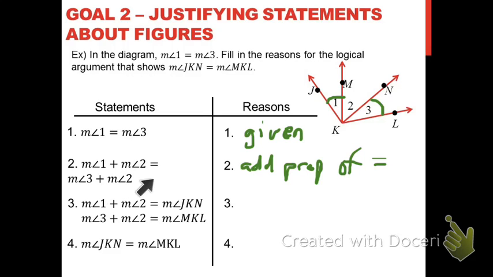That wasn't random. If you look in the picture, if you put angles 1 and 2 together, they together form angle JKN. And that's one of the angles that I wanted to show was congruent to the other angle, MKL. And angle MKL is made of putting angles 2 and 3 together. All right, so ultimately, this is really angle JKN's measure right here, and this is angle MKL's measure.